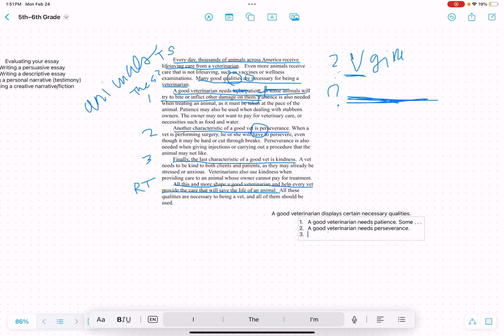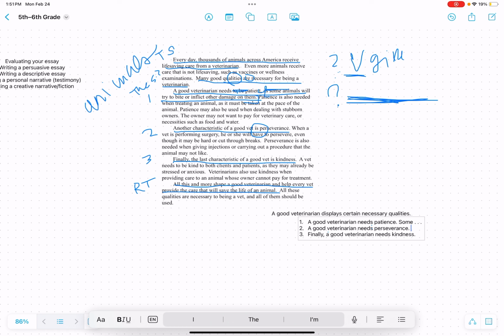And that makes number 3 easy. And you can still say finally, lowercase, a good veterinarian needs kindness. Notice they're all the same: patience, perseverance, and kindness, instead of to be patient, perseverance, and kindness, which is how it was.